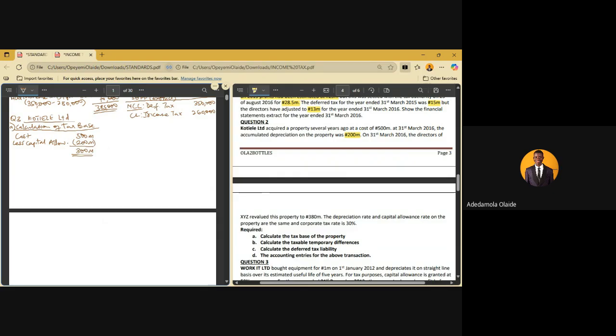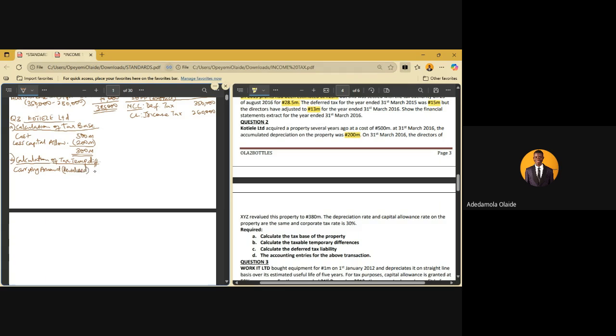The next, they ask us to calculate taxable temporary difference. B, calculation of taxable temporary difference. To calculate it, we have said that is the difference between the carrying amount and the tax base. But in this case, the carrying amount has been revalued, so it's the revalued amount we'll use.